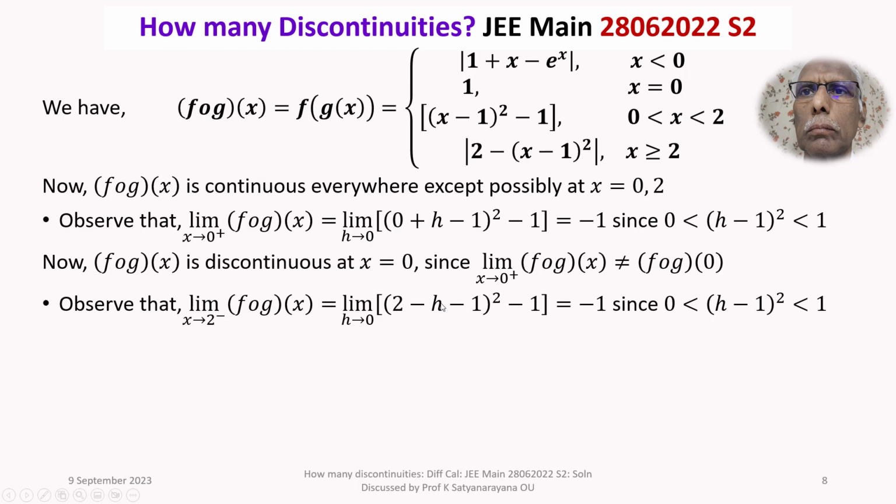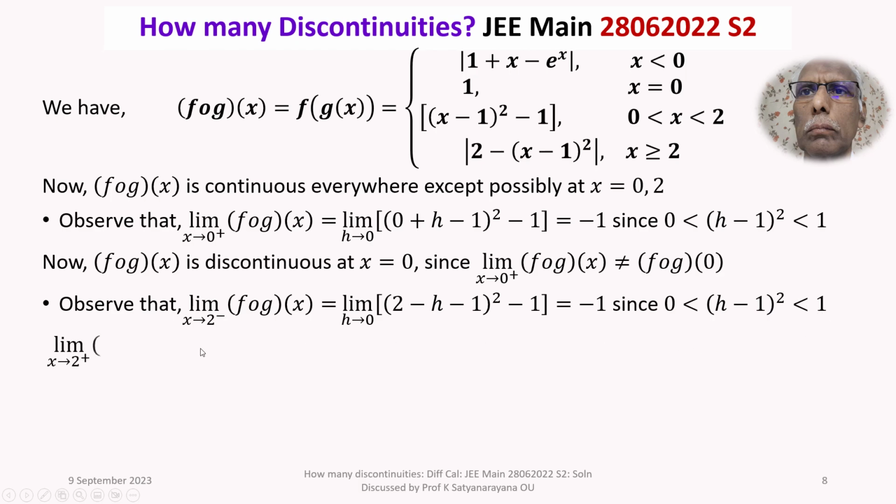Now 2 minus h minus 1 whole square will be 1 minus h whole square, which will be h minus 1 whole square minus 1. So this is bracket of h minus 1 whole square minus 1. It is same as the above. As h tends to 0, the answer is minus 1, because 0 is less than h minus 1 whole square is less than 1. Agreed.